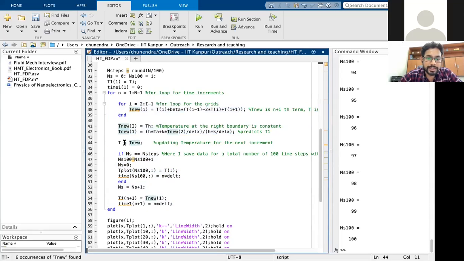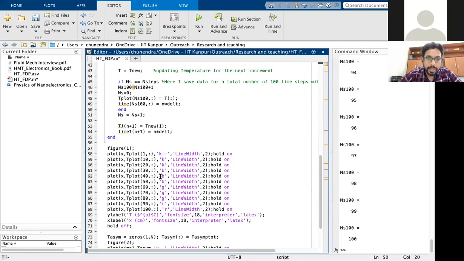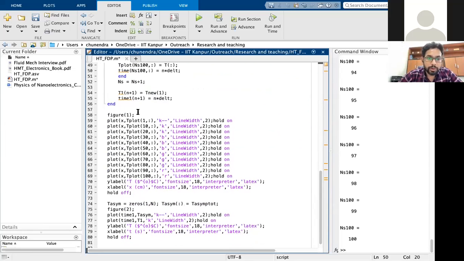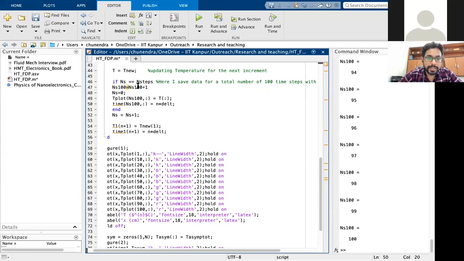So this T is getting updated every time step, and now this whole thing will run for n equal to 1 to N minus 1, so for the maximum time limit. And this is the way I'm plotting. I get this temperature for some particular time steps.